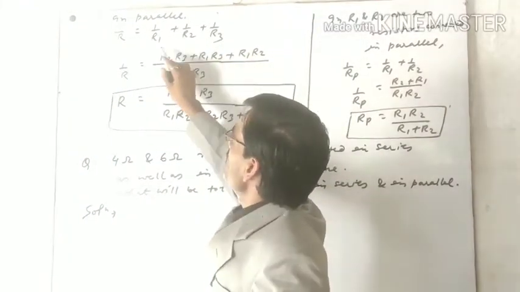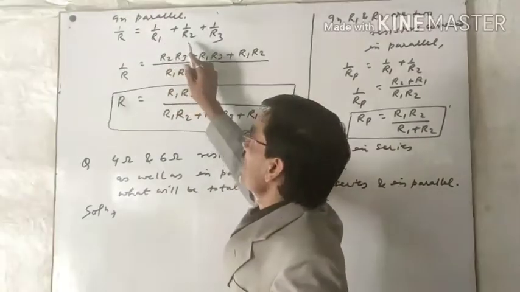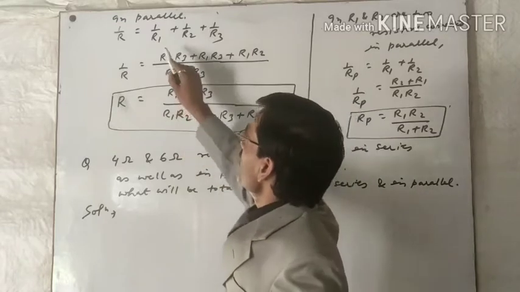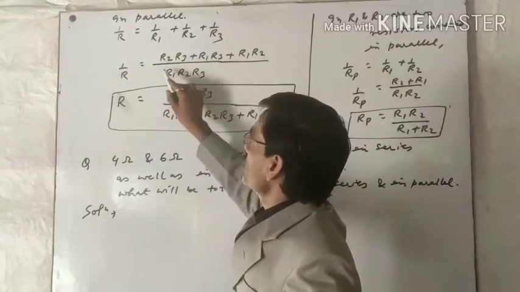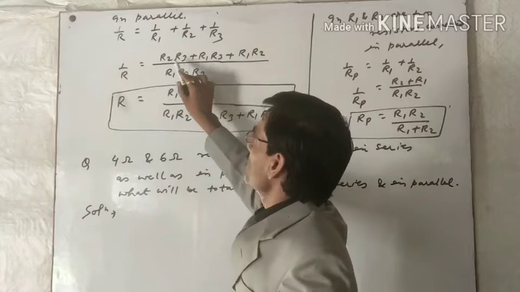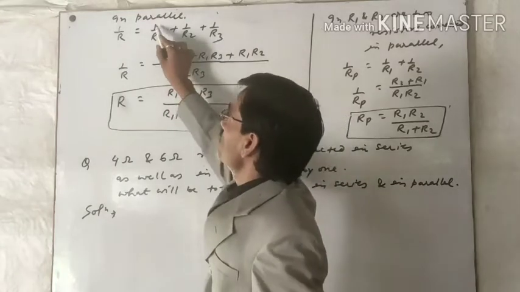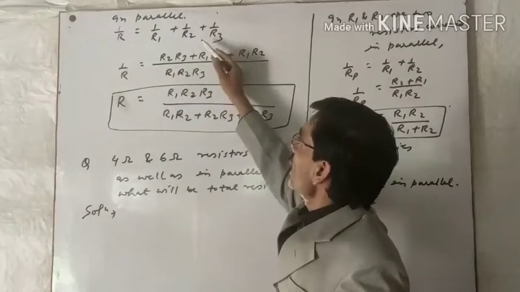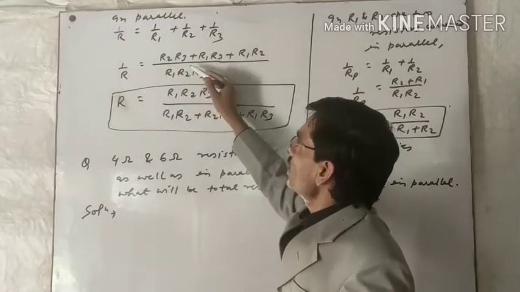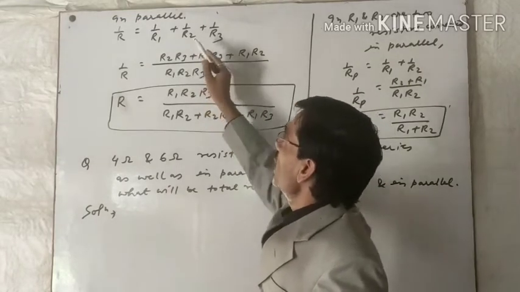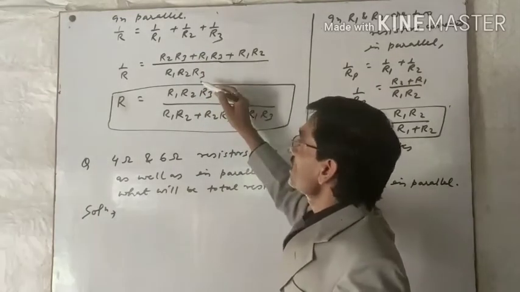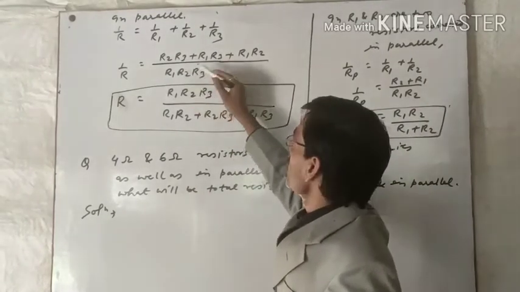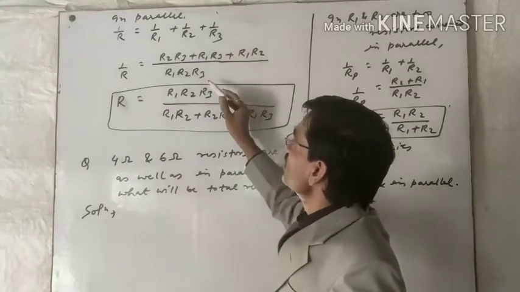After solving, we will take LCM of R1, R2 and R3. LCM is R1, R2 and R3. R1 से डिवाइड करेंगे तो R1 कैंसिल होगा, R2, R3 बचेगा. तो R2, R3 को 1 से मल्टीप्लाई कीजिए, R2, R3 प्लस R2 से डिवाइड करें, R2 will be cancelled तो R1, R3 इंटू 1 तो R1, R3 प्लस R3 से डिवाइड करें तो R1, R2 बचता है, R1, R2 इंटू 1 तो R1, R2.